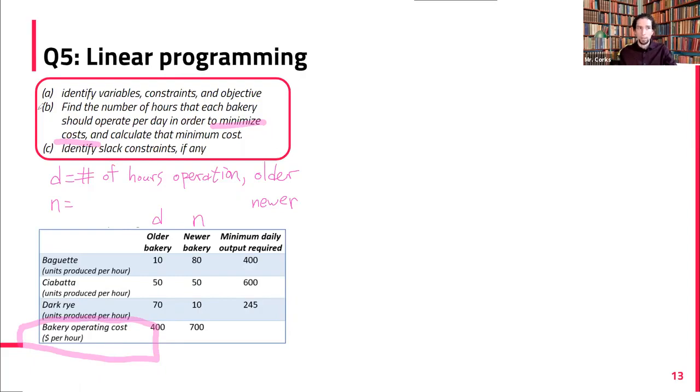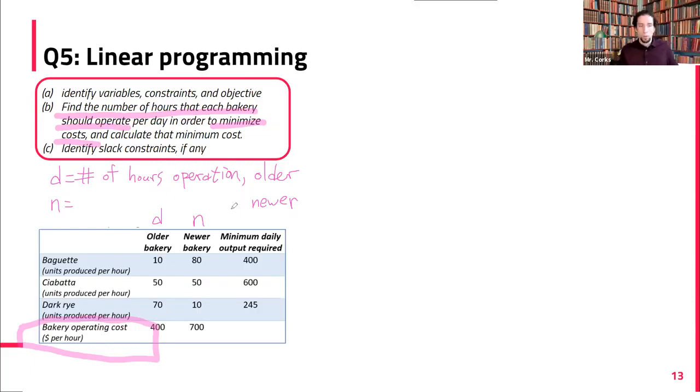Okay. And the question part B is also telling us, find the number of hours that each bakery should operate. So that also is telling us, okay, these are what the variables should be. This is the thing that we get to decide freely. The rest is just automatically determined for us or is dependent on these things. But number of hours to operate each bakery is the flexible thing.